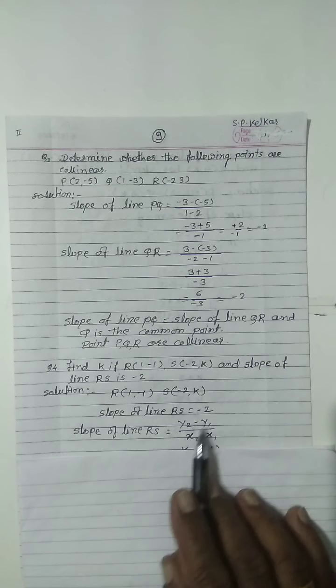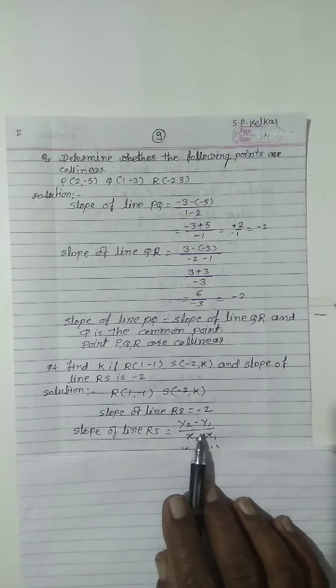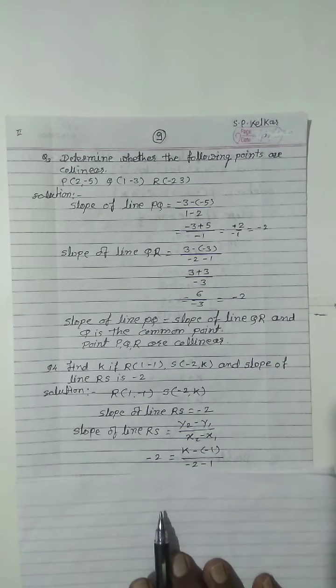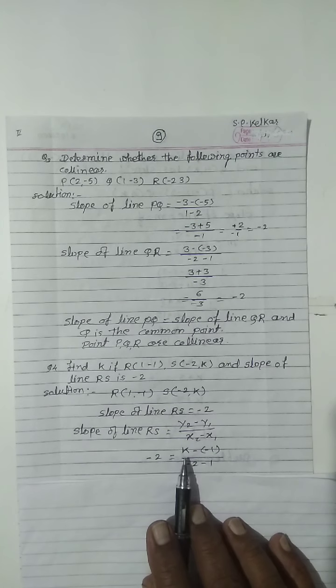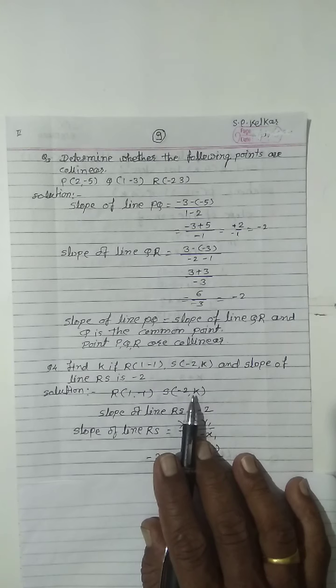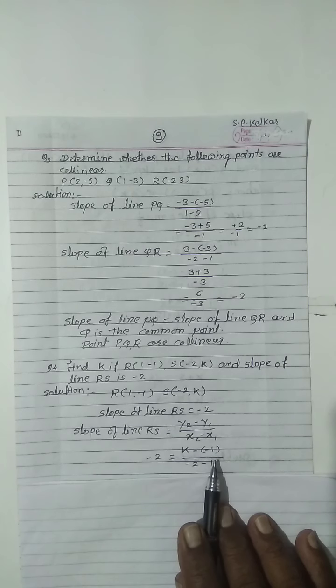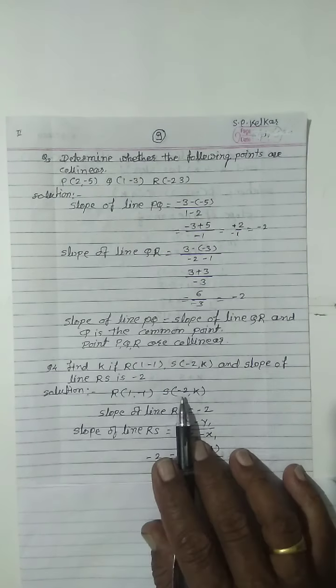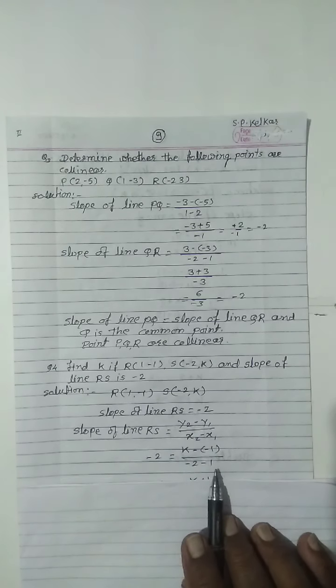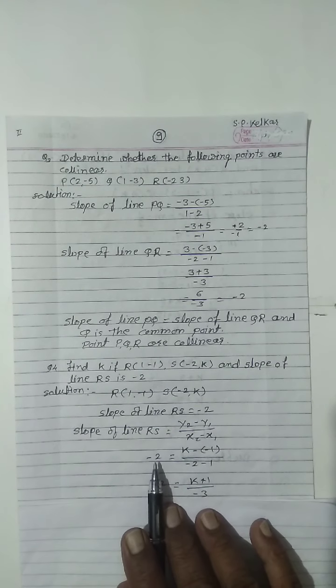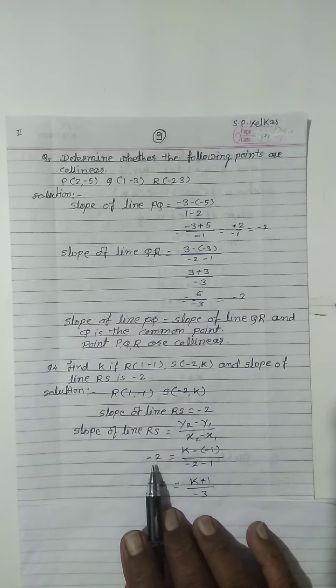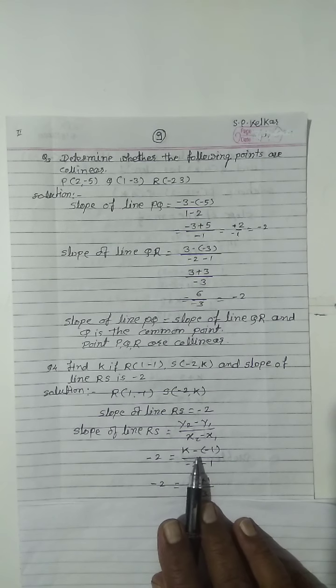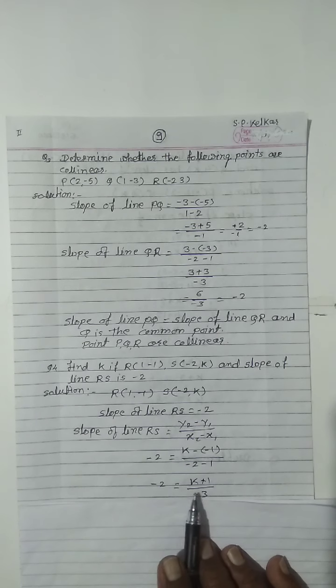So minus 2 equal to K minus minus 1, divided by x2 minus x1, that is minus 2 minus 1. K minus minus 1 means K plus 1, and minus 2 minus 1 is minus 3.